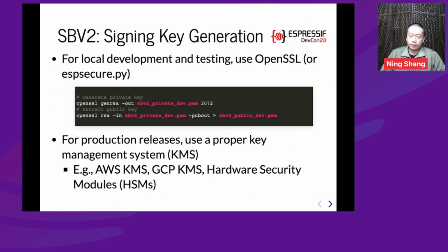And the key pair will be written into files. For production releases, file-based keys are usually not the best choices. We recommend using a proper key management system, such as AWS KMS, GCP KMS, and hardware security module-based key management systems.